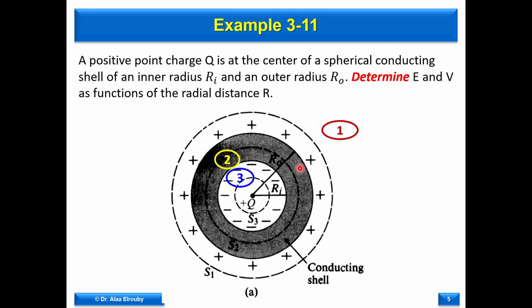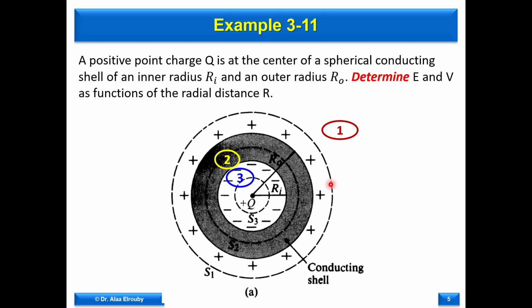So we need to think about this problem. The problem is spherical, so the first thing that comes to mind is that we're going to use a spherical coordinate system. There is symmetry because of the setup, so we shouldn't expect any dependency on theta or phi.